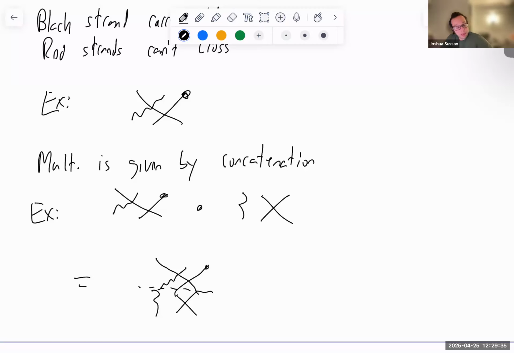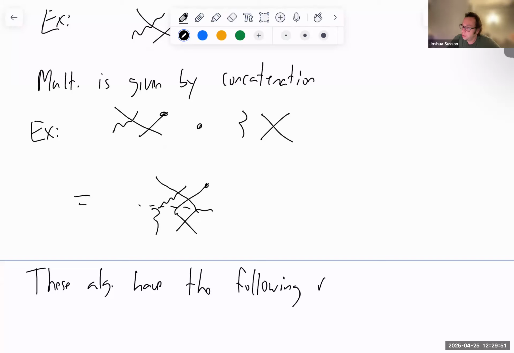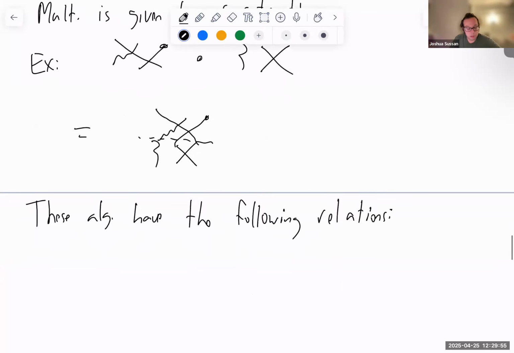Okay, now this algebra has several relations, which I'll write down. These are important relations. These algebras have the following relations. First relation is if I have two black strands, if they have a double crossing, this is declared to be 0.